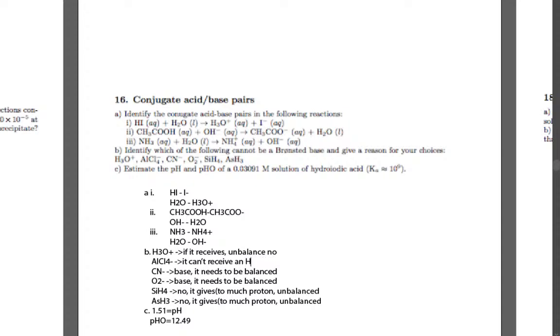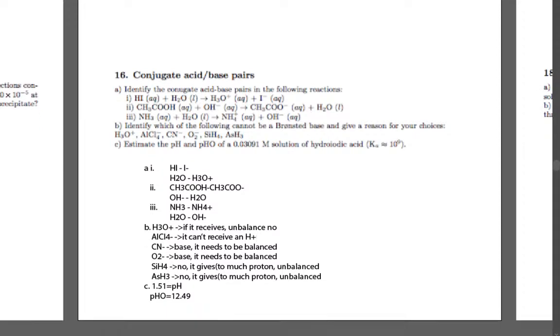I don't know why, but it can't receive an H plus somehow. But then, I believe the rest is correct. Oh wait, no, never mind. AsH3 actually accepts, which makes this a base.